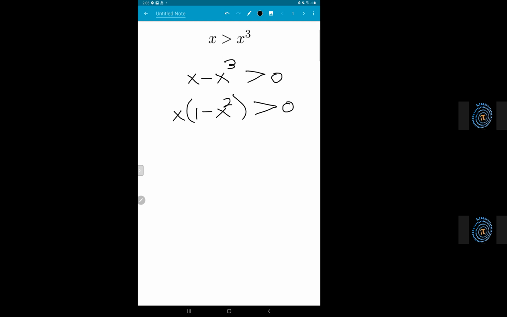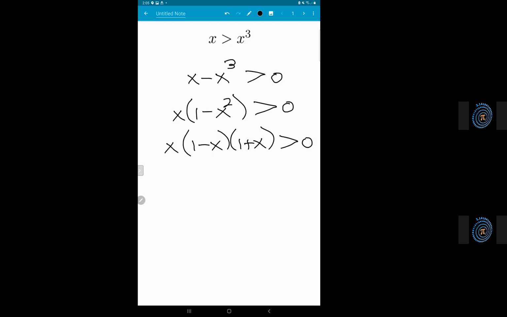And the expression left inside the parentheses is quadratic, which can be factored usually by trial and error. But this one is just a difference of 2 squares. So most of you know that it factors into 1 minus x, 1 plus x.